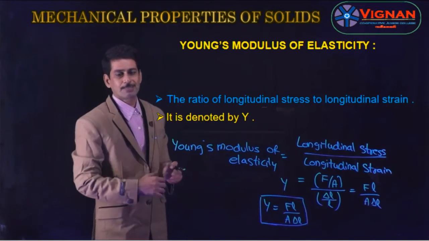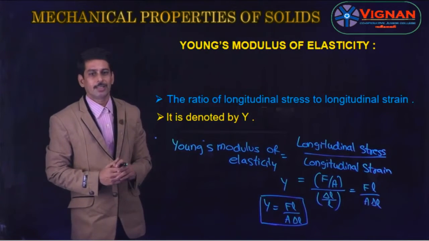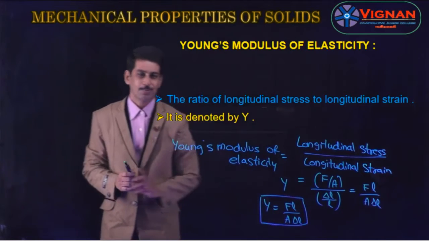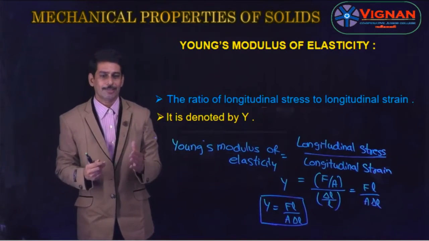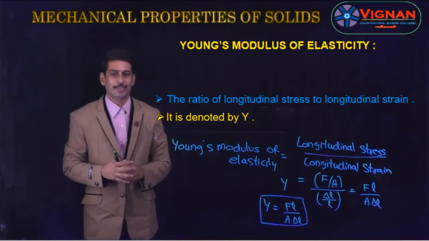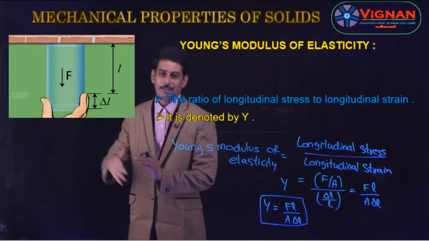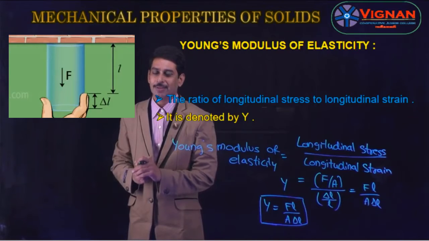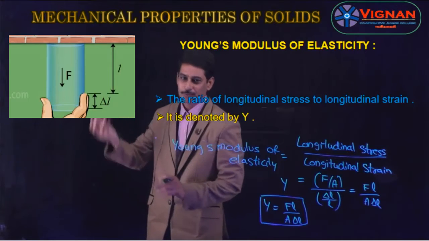So Young's modulus is defined as the ratio of longitudinal stress to longitudinal strain, denoted by Y, and Y is equal to FL by A delta L. We observe this in the video: a force F is applied on the wire, L is its length, A is its area of cross section, and delta L is the increase in length.